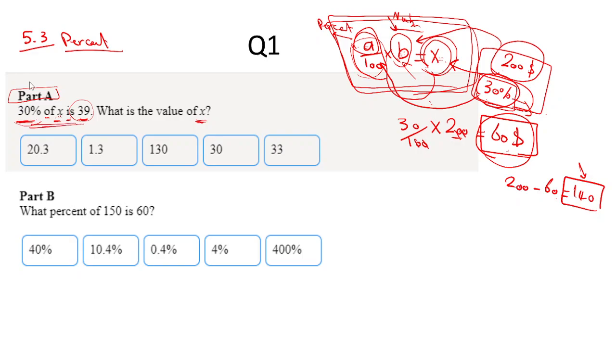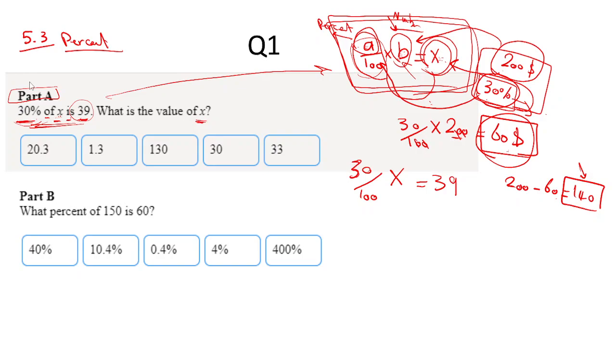So let's apply the same formula which we just explained. 30% would be A over 100, so it will be 30 over 100 of X, the full amount, equals 39.